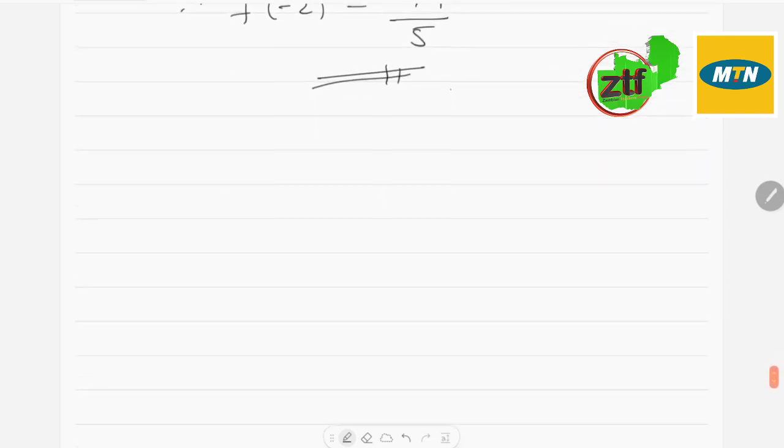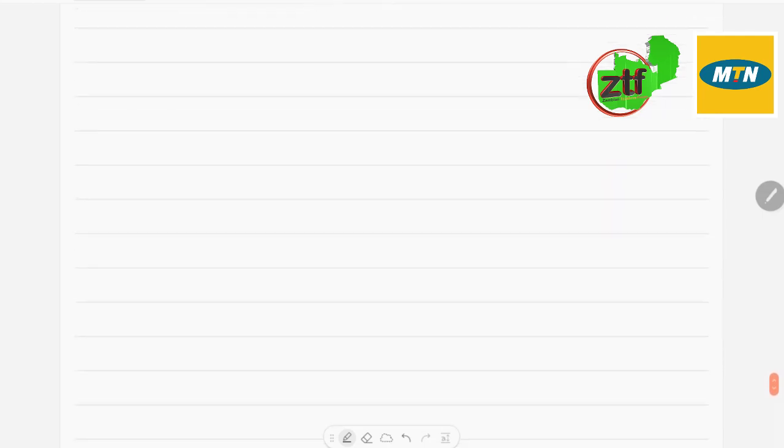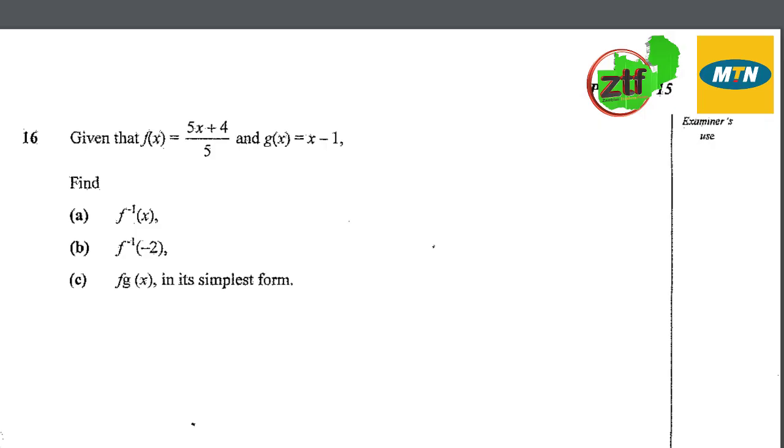So we quickly go to part C of question 16, which is a composite function. So we have fg of x, that is part C of a composite function. So what does this mean? Fg of x is a composite function, and by implication, when I write fg of x, I'm saying f of g of x.